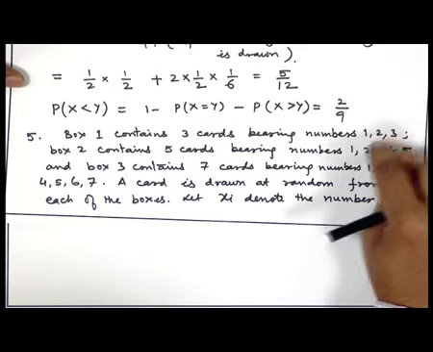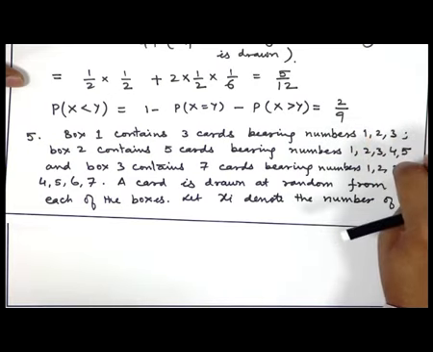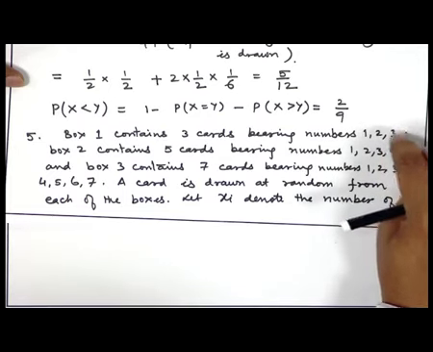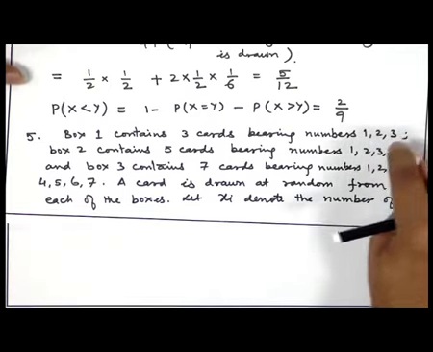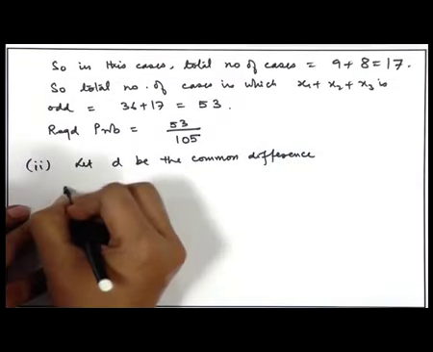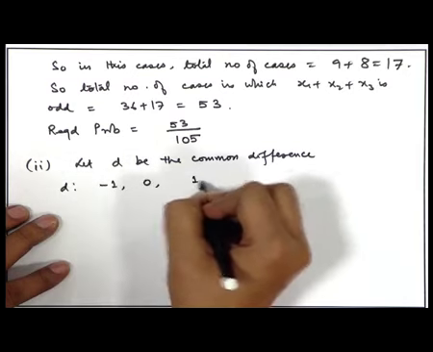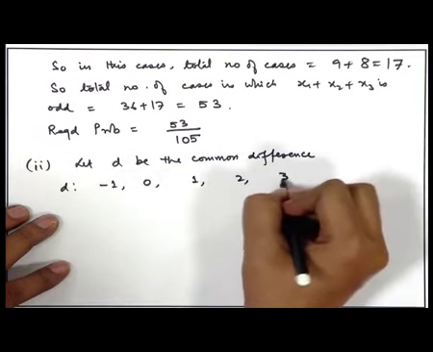You can have 3 2 1, that is minus 1 as the difference, or you can have 1 3 5, that is possible, or you can have 2 4 6, or you can have 3 5 7. So, let us look at all these combinations. So, D can take values minus 1, 0, 1, 2 and 3.